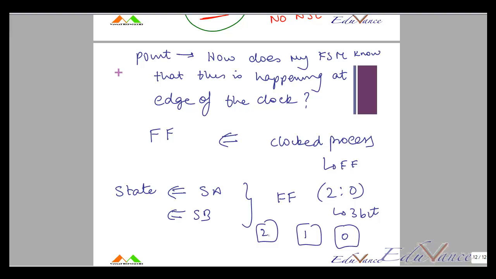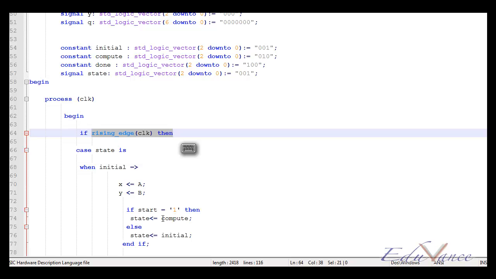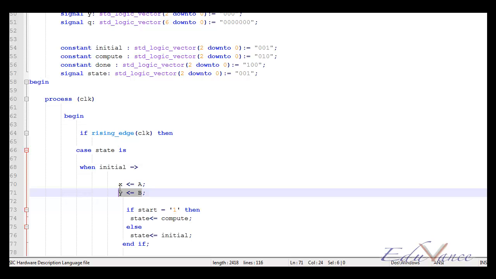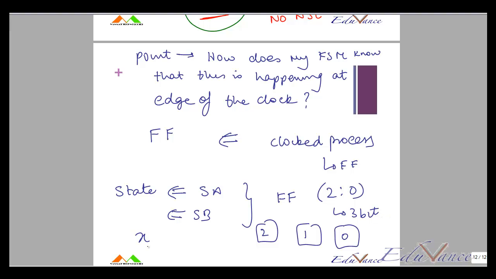Similarly, your X getting A and Y getting B, so your X and Y will also be flip-flops.